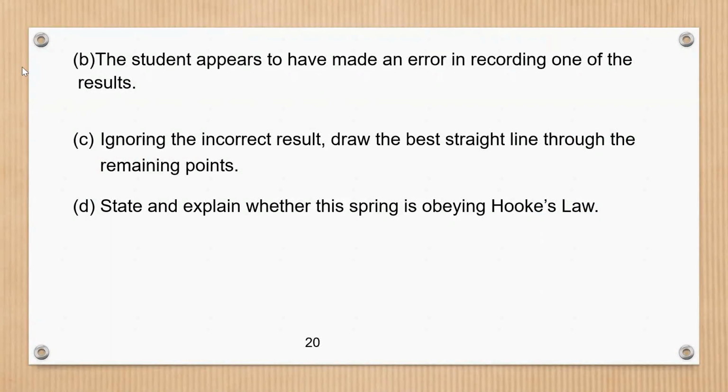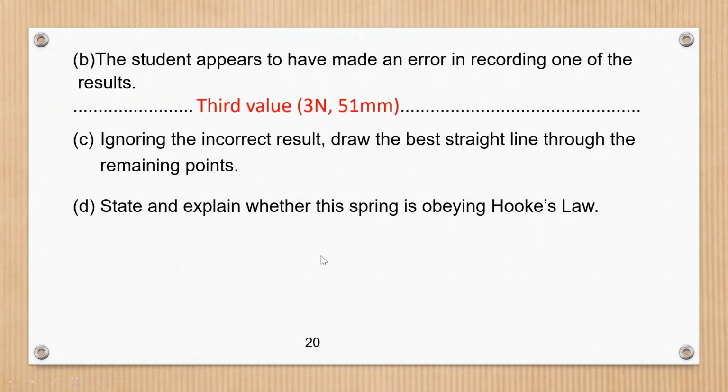Okay, now they said the student appears to have made an error in recording one of the results. So if we see the above result, he made an error at the third value, that is 3 newtons, that is 51 millimeters. That should be 60 millimeters according to the data. So that was the error.